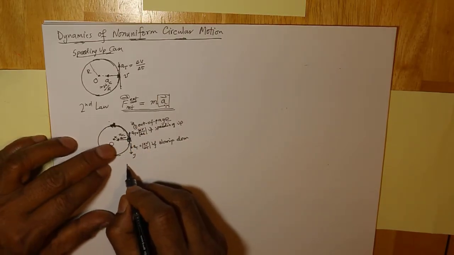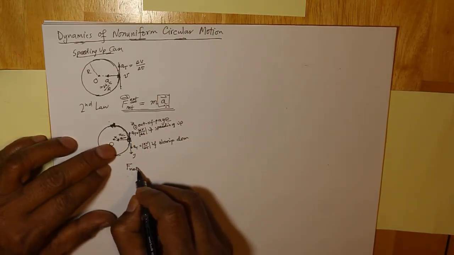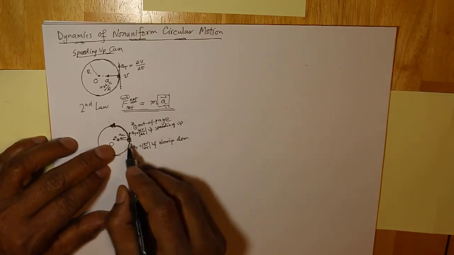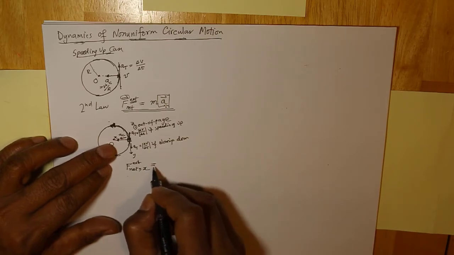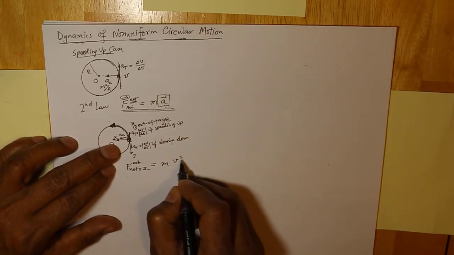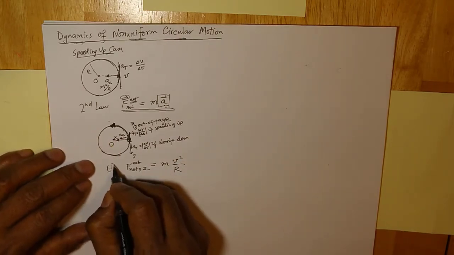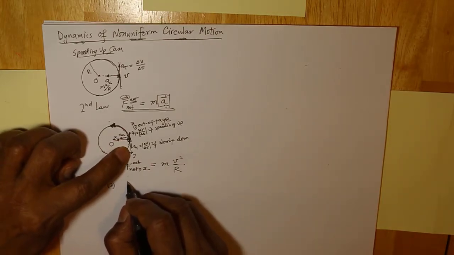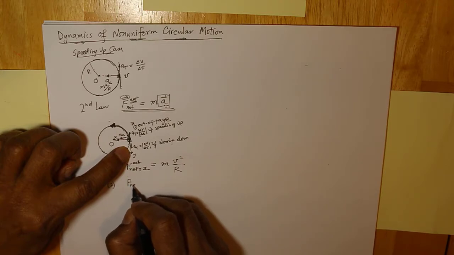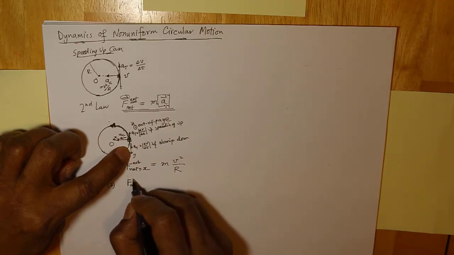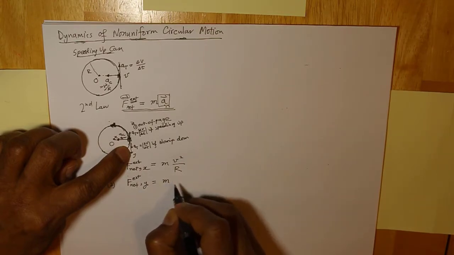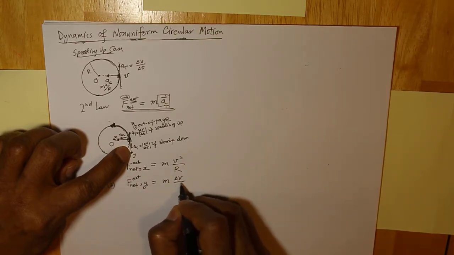So if I say all the net external forces adding up along the x-axis, that should give me mv squared over r. So I'll get one equation like that. Another equation I'll get is along the y-axis. So I'll have F net external y will be m delta v over delta t.